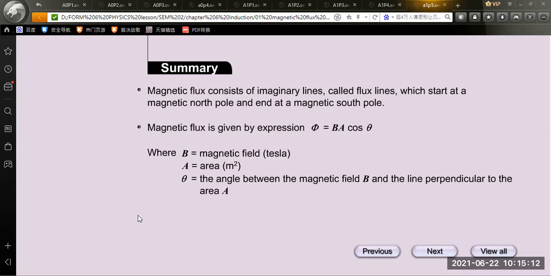Magnetic flux is given by the expression magnetic flux equal to BA cos delta. B is the magnetic field in Tesla, A is the cross-sectional area in meter square, and delta is the angle between the magnetic field B and the line perpendicular to the cross-sectional area A.